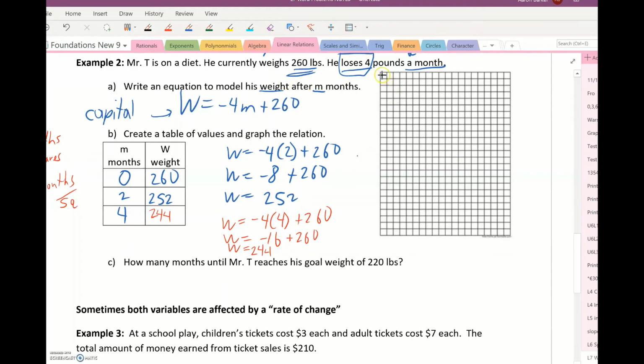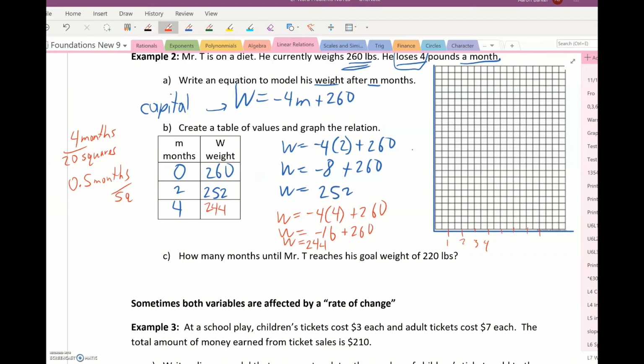Supposed to be 1, supposed to be 2, 3, 4.